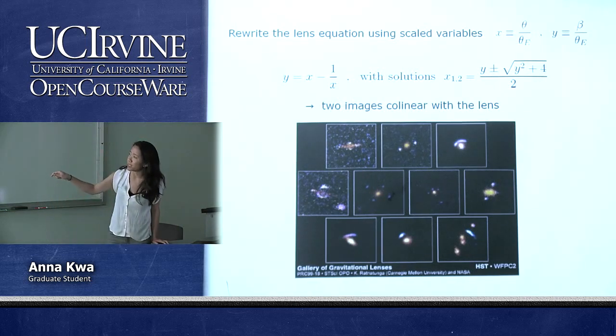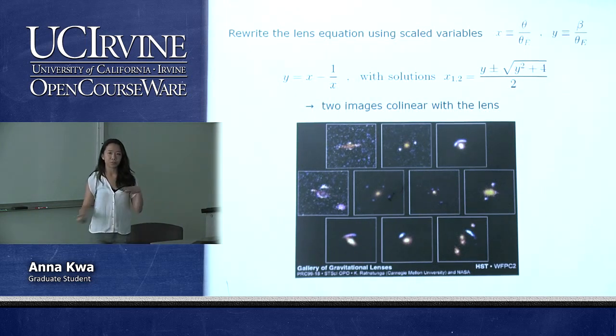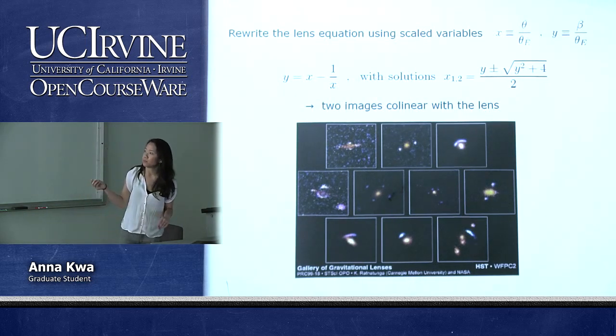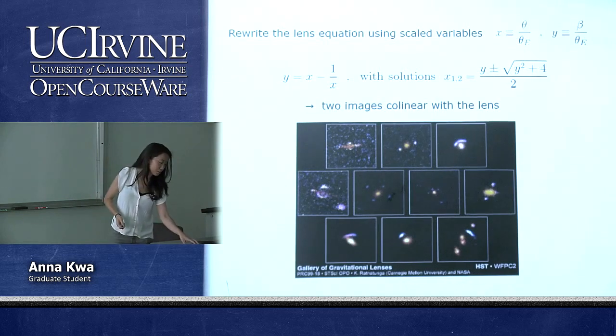And these are some examples. So here are two images. Here's two images. Some of these you'll see multiple images, and that's because it's not perfectly point sources. Your lens galaxy can have some sort of weird shape, and that will give you multiple image points.